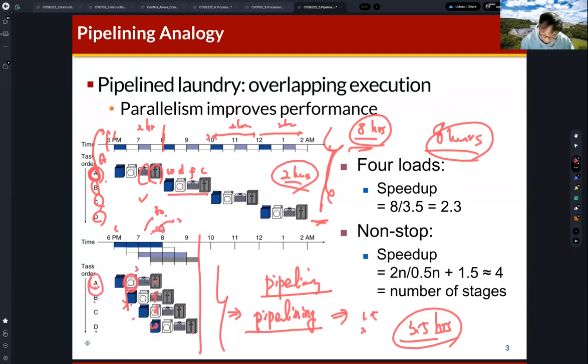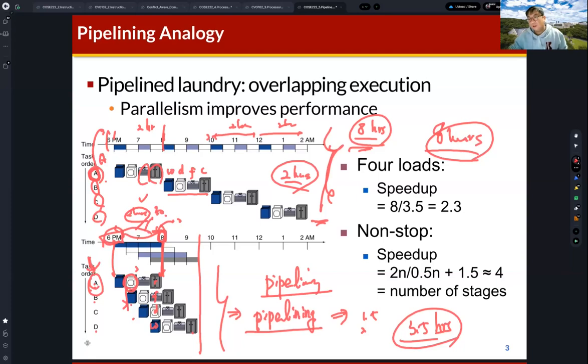Task A starts at 6 p.m. and completes at 8 p.m. So the latency, the execution time of a single task, is the same with pipelining: it takes 2 hours.